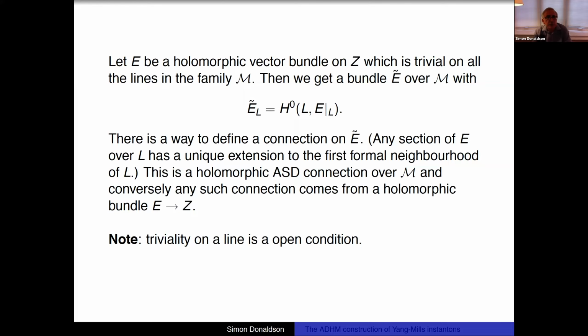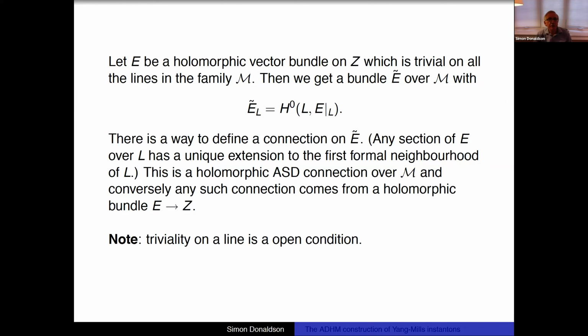There's an infinitesimal trivialization of the bundle. And then this is a holomorphic anti-self-dual connection over M with respect to the conformal structure that we defined. And conversely, any such anti-self-dual connection comes from a holomorphic bundle.